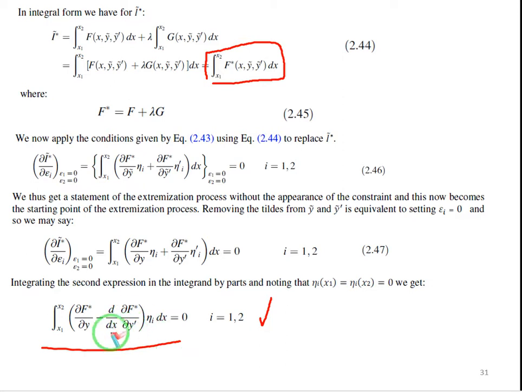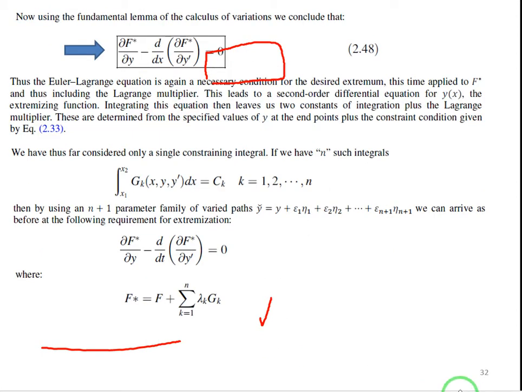We can easily say that the coefficient of eta i must be 0, which leads to this equation. This is our last equation, which is known as the Euler-Lagrange equation with integral boundary condition.